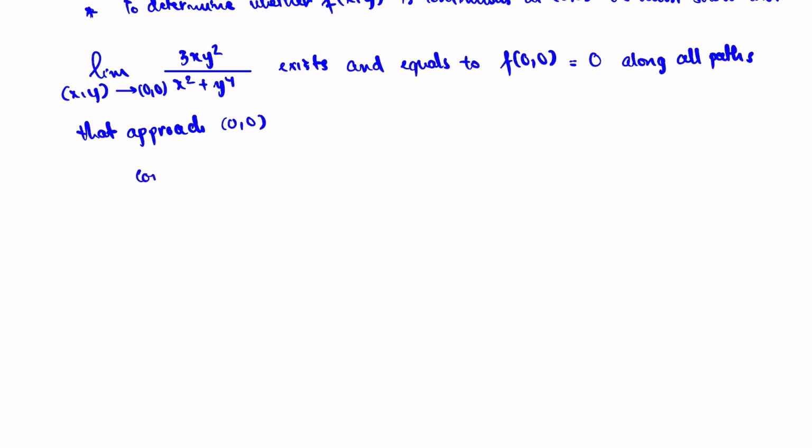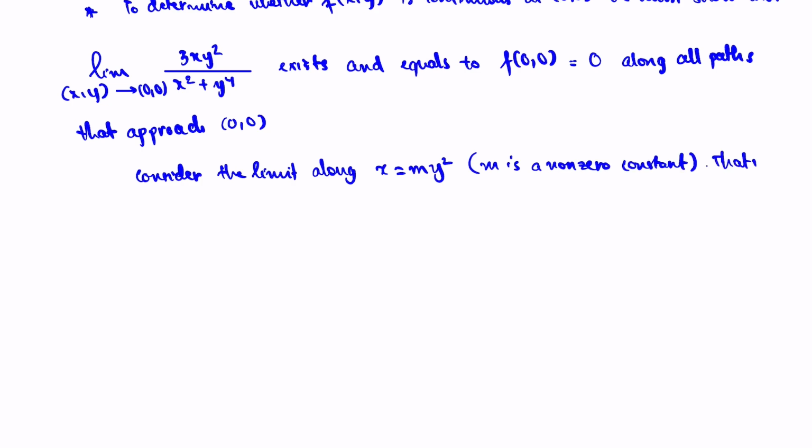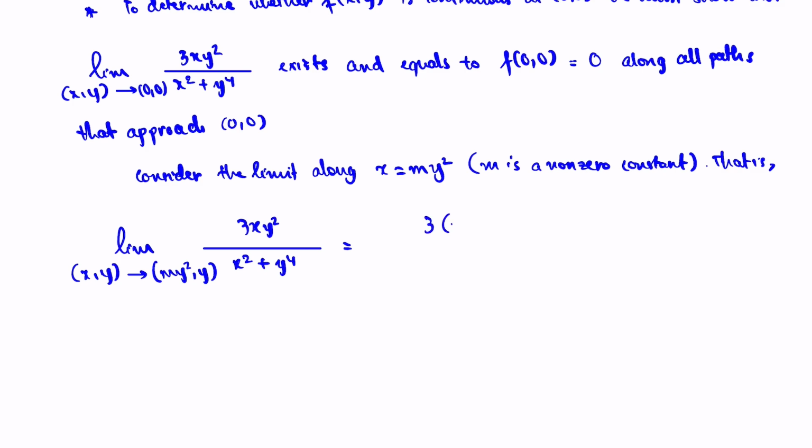So consider the limit along the path x equal to m times y squared, for m a non-zero constant. That is, you want to calculate the limit of 3xy squared over x squared plus y to the fourth as (x, y) approaches (my squared, y). So x is equal to m times y squared in this case. You get 3 times m y squared times y squared over (m y squared) squared plus y to the fourth.